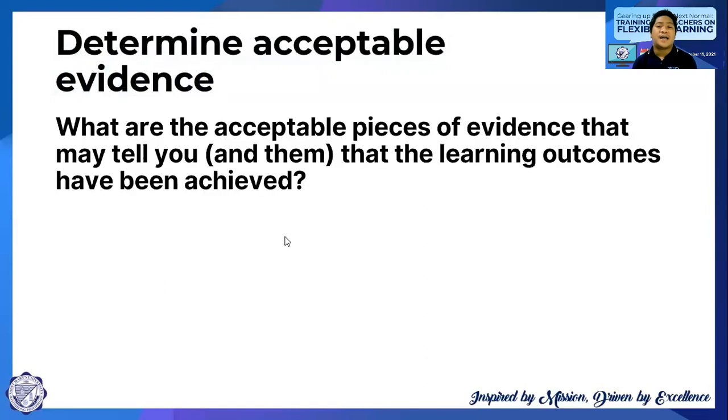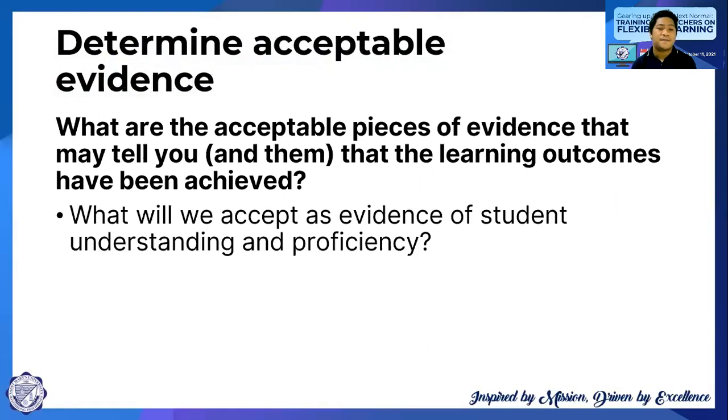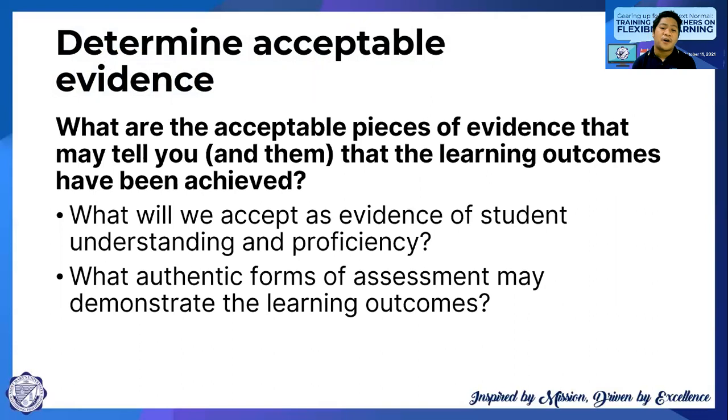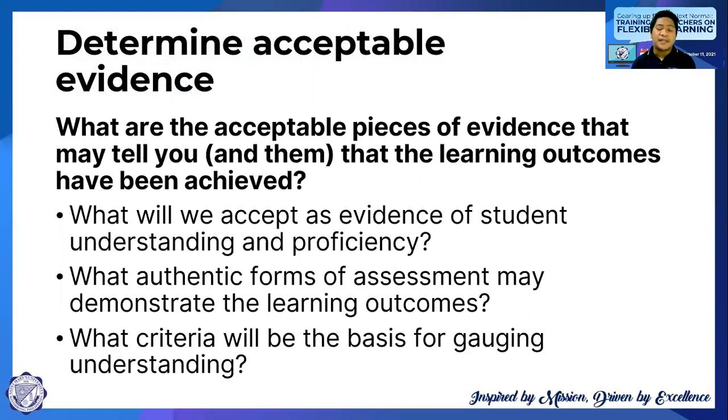What are the acceptable pieces of evidence that may tell you and them, of course, that the learning outcomes have been achieved? So what will we accept as evidence of student understanding and proficiency? What authentic forms of assessment may demonstrate the learning outcomes? And what criteria will be the basis for gauging understanding?